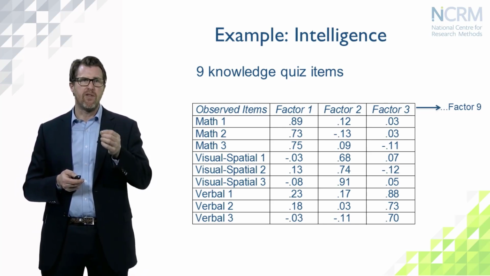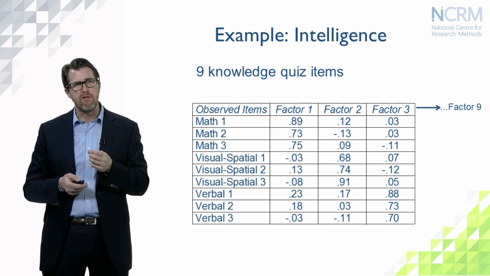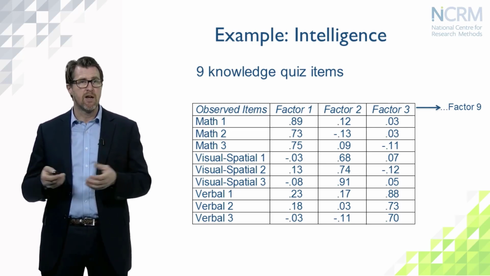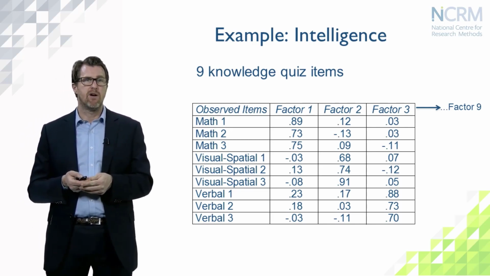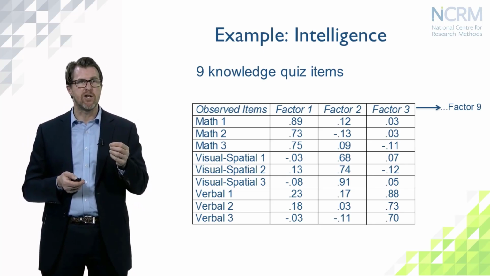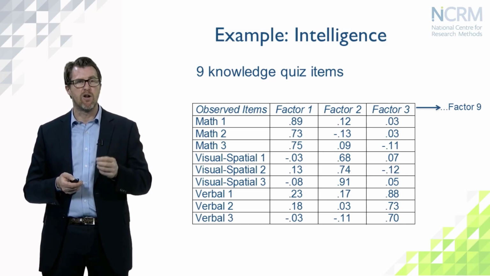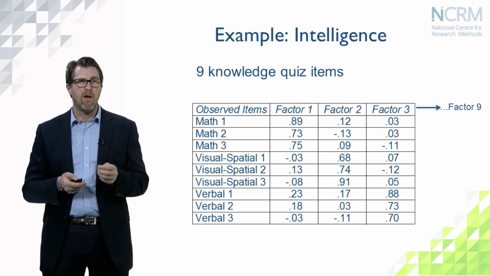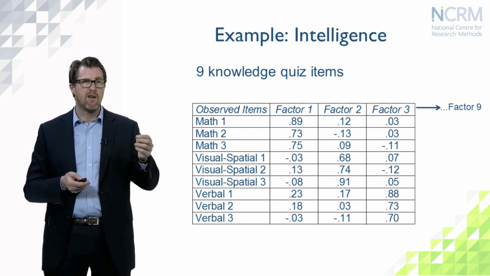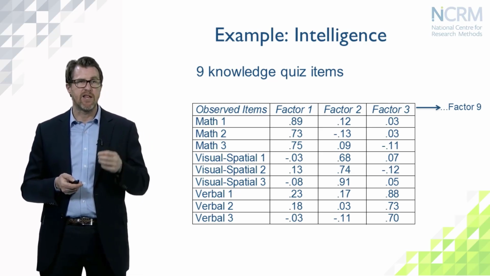So once we've done that, we want to know what each of these 3 factors is actually measuring, and we do that by looking at the pattern of correlations, and that's what are in the rows and columns of this table, between each factor and the set of items.